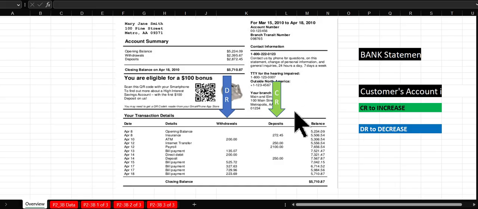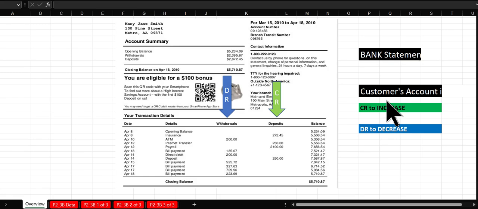So just like accounts payable, where credits will increase and debits will decrease, the same thing happens here. So from the bank's perspective, every time you make a deposit to your bank account, they are going to credit your bank account because they're recording it from their perspective.